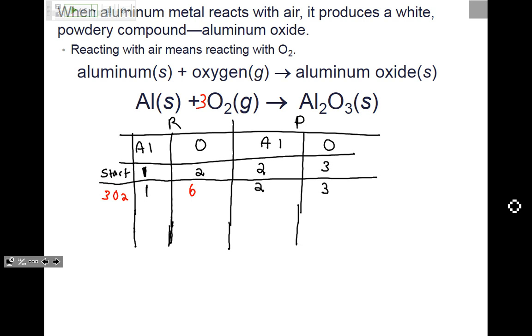But I'm getting closer because I have 6 oxygens in my starting material and I have 3 in my final product. I can multiply my product by a number to get 6 because 3 is a portion of 6. It's pretty straightforward. So what I can do is multiply my product by 2, because 2 times 3 is going to give me 6.